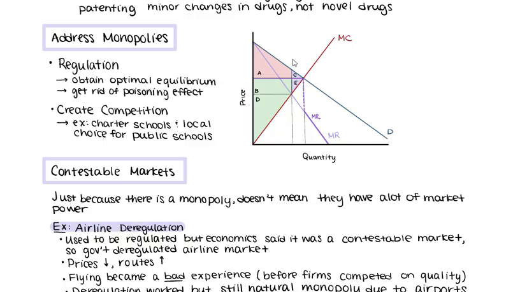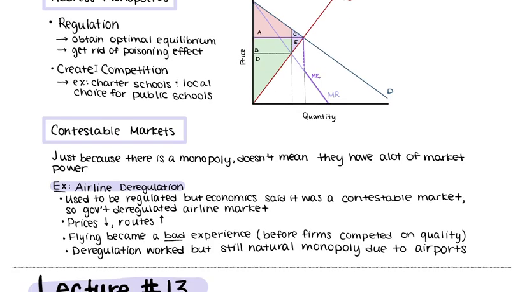That means if the government knows the market equilibrium price, they can set a price floor, so the quantity and the price will be the same as in a perfect competition market. So we don't have the deadweight loss created by monopolists, or we can create competition.